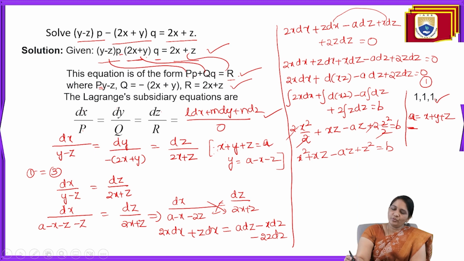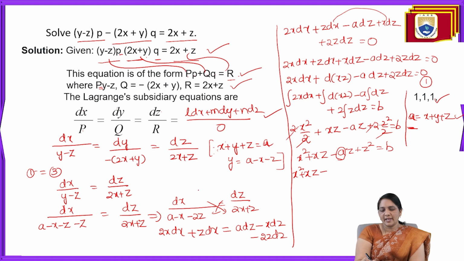So now I am going to replace the value of a from the first solution. So I can simplify this: x square plus xz. The a value is x plus y plus z, right? So I am going to replace here, so minus x minus y minus z. Otherwise, first you write x plus y plus z into z plus z square equal to b.